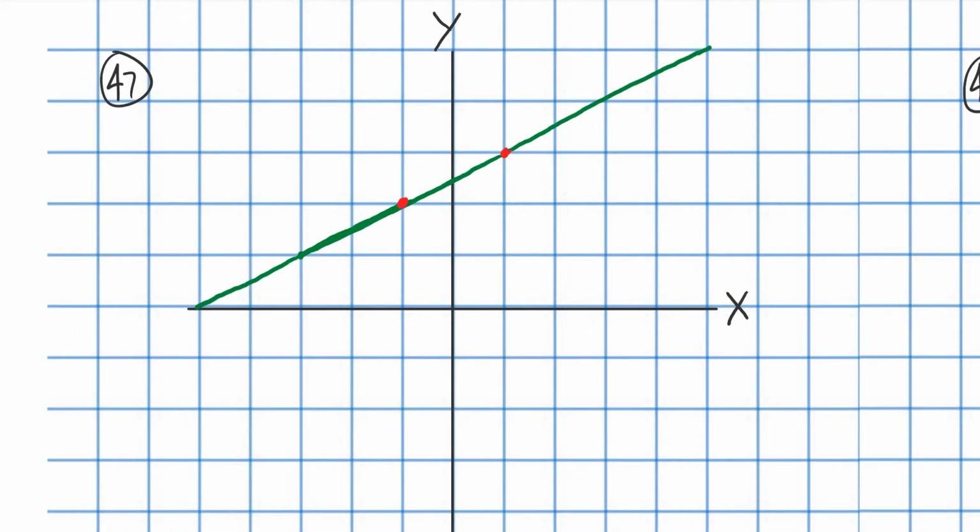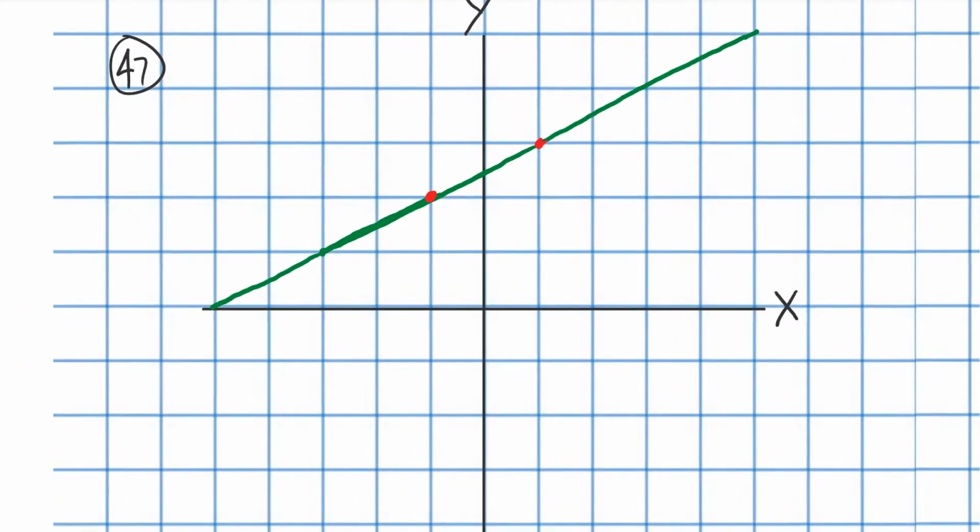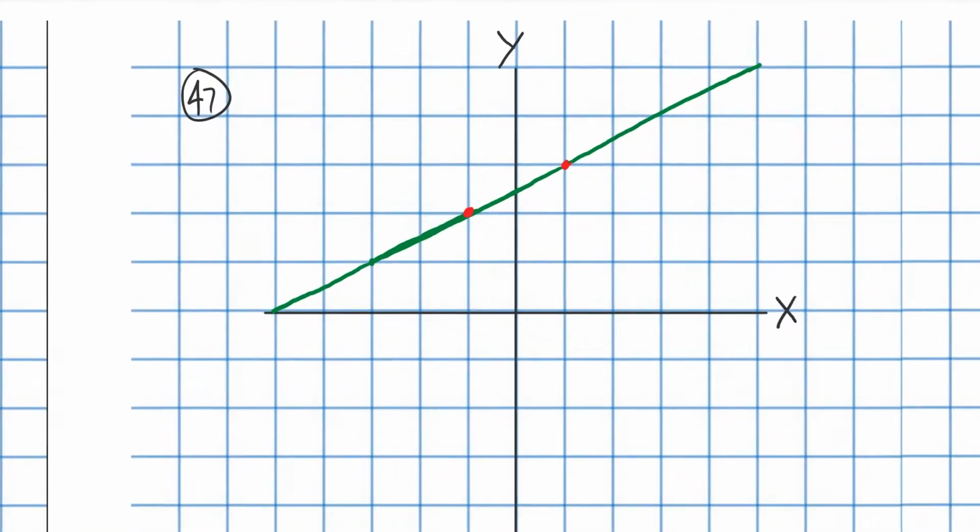So what that means is that we have to use 2 different points. And just to make sure that you understand what points are at the corner of squares so we can see the coordinates, I actually wrote the dots in there for you for all these problems. I just want you to be sure that you know which points we can use. So we're going to use these 2 points, and we can find the slope immediately. So it's up 1 and over 2.